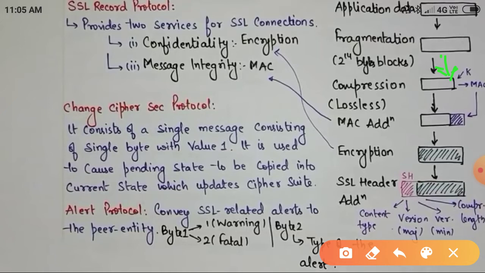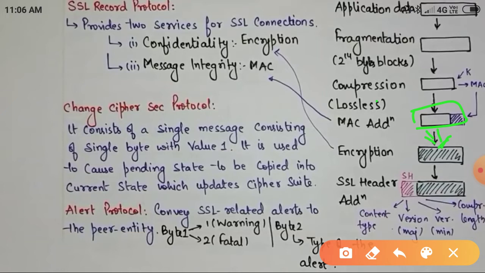After that, we generate the MAC, the message authentication code, like a digital signature. For the compressed data we add this MAC. Then the full information, compressed data plus MAC, is encrypted.